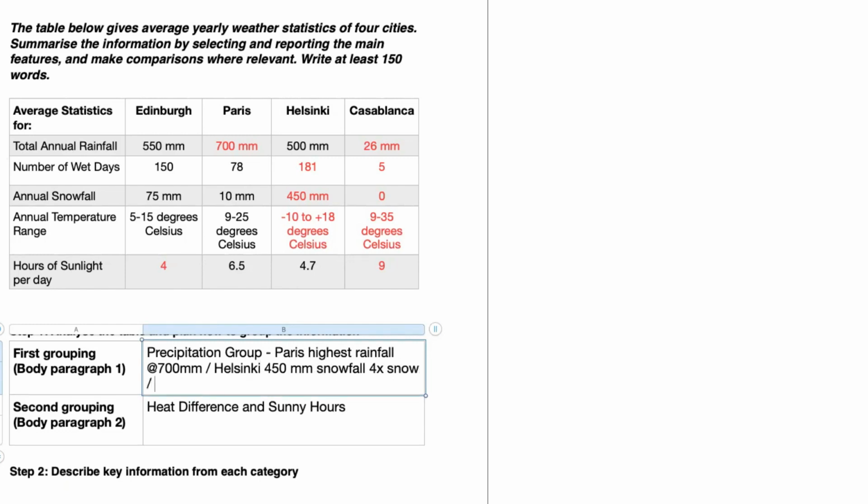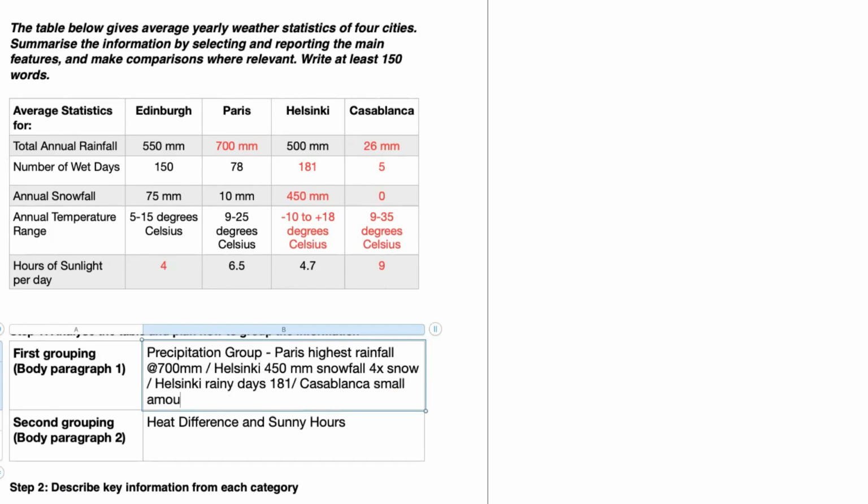I'm going to talk about Helsinki and the rainy days, because that is at 181 number of wet days. And from all this information, I am going to talk about how Casablanca has a very minuscule amount of rainfall and absolutely no snowfall. So I am going to say Casablanca, small amount of rainfall, and no snow.